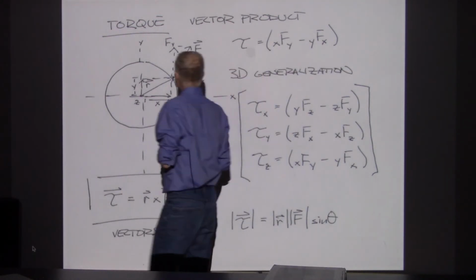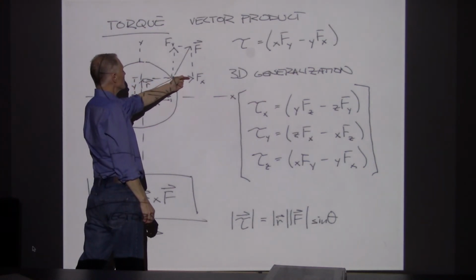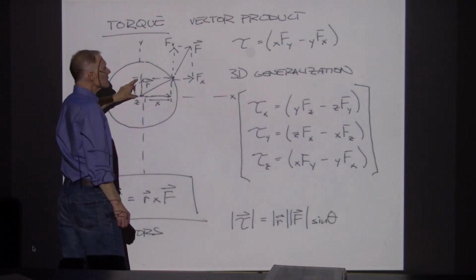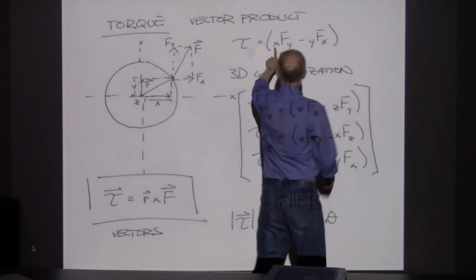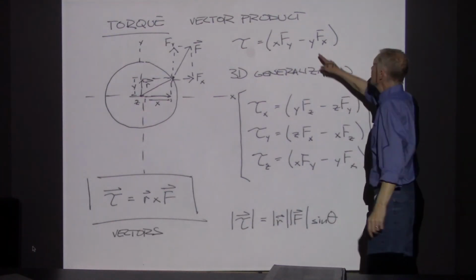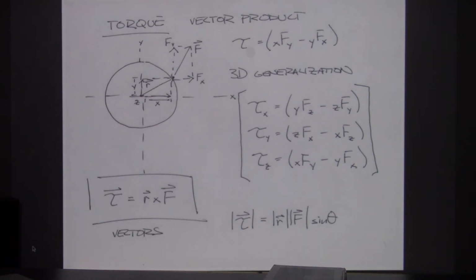But that's not the whole story, because there's also a component of force in the x direction, and when I trace that back, its lever distance is y. So this is lever distance times force component, lever distance times force component, and that's in the opposite direction. So I have to have a minus sign between it.